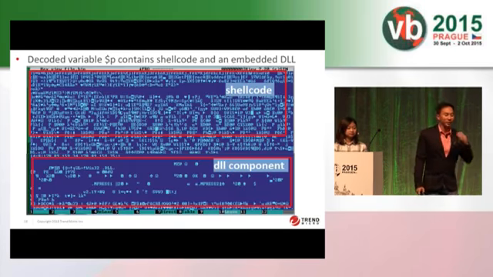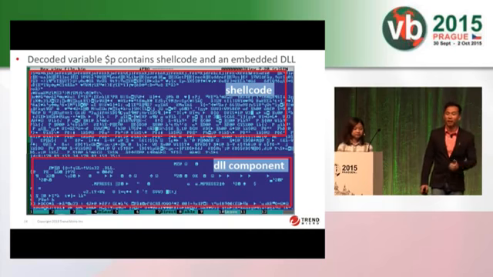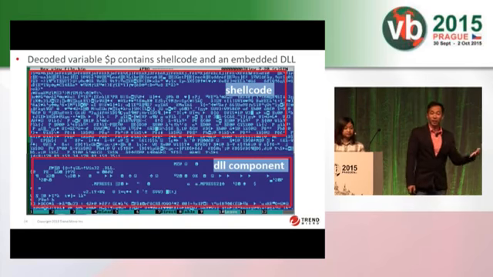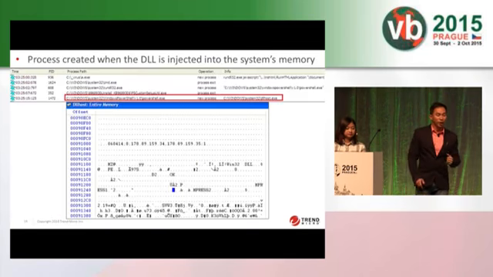For purposes of illustration, when the variable P is decoded, you could actually see the shellcode and then the DLL component. Why it's a DLL component, I know every one of us is familiar: it has the MZ and PE header, and it even has an indicator of the compressor used, which is Empress.